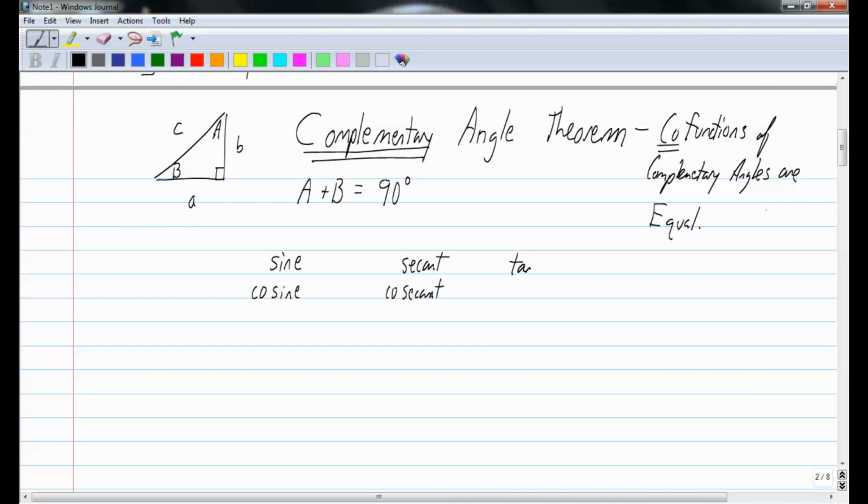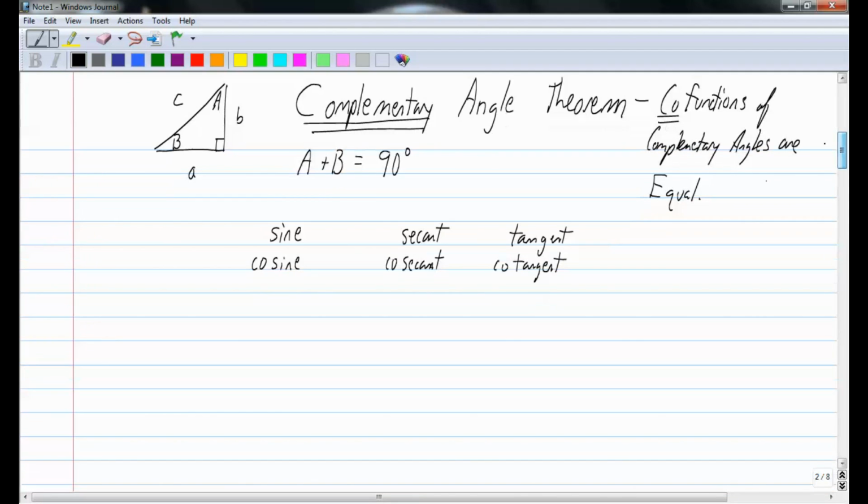We have a tangent function, and we have a cotangent function. So sine and cosine are cofunctions. Tangent and cotangent are cofunctions. Secant and cosecant are cofunctions.